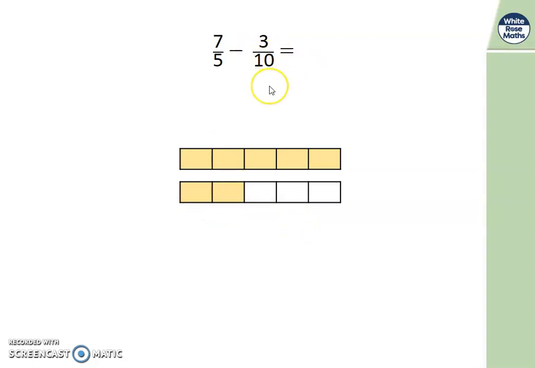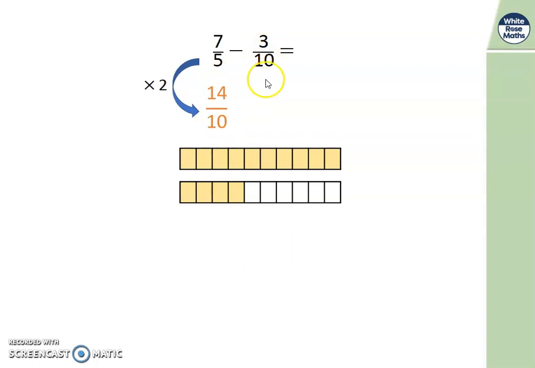And we're going to subtract 3 tenths, but we need to convert this first into tenths. We double 5 to make 10, so we double 7 to make 14. And you can see we've split each piece into 2. So we've timesed each part by 2, therefore it's 14 tenths.